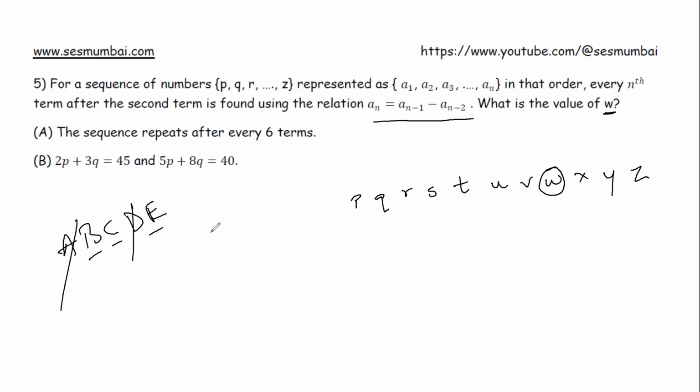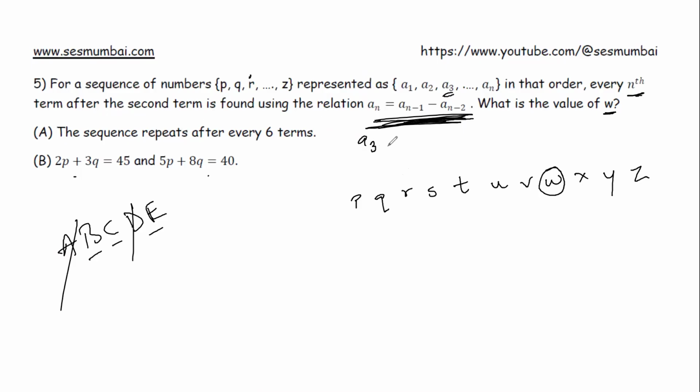So just for the sake of understanding, we'll solve it, but actually you don't need to solve. You know that you'll get the value of P and Q from the second statement, and then you have to simply apply this relationship out here. So for example, if we find the value of P and Q, then the third term, A3, every nth term after the second term is found using this relationship.